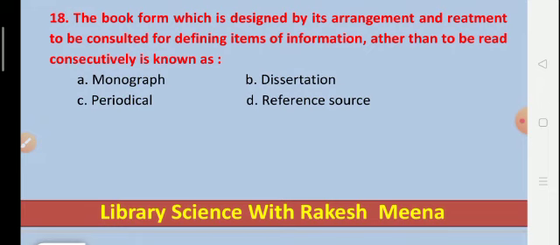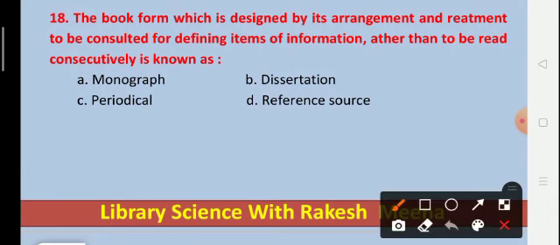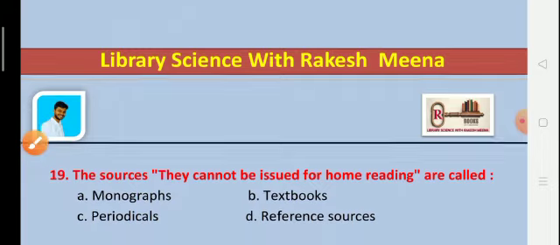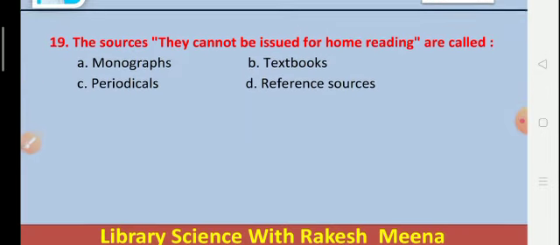Option A is monograph, option B is dissertation, option C is periodical and option D is reference sources. Yes guys, tick the correct answer. Option D is the right answer. Reference sources are a part of books with a modified arrangement. We are forwarding to the next question of this video series.